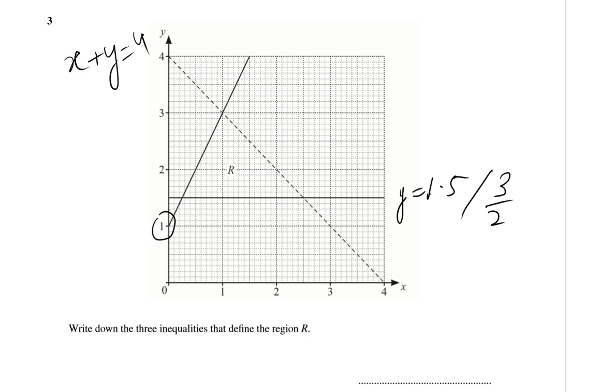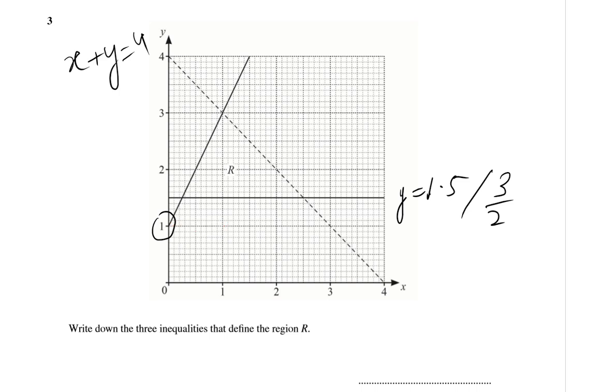So its y-intercept is 1. Let's find out its gradient. Its gradient can be found using this triangle. So we have 2 points in the rise and 1 point in the run.